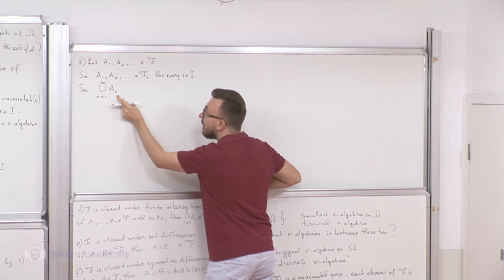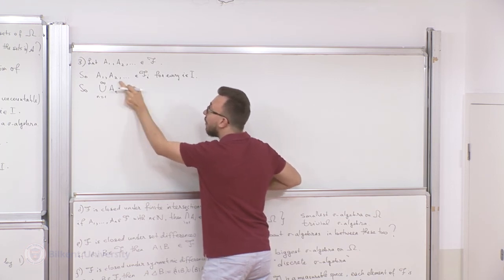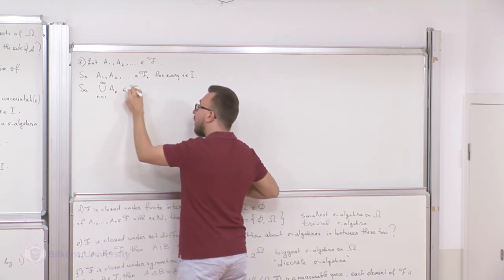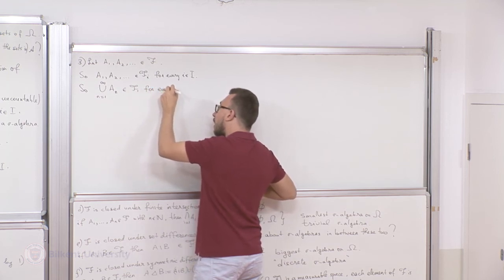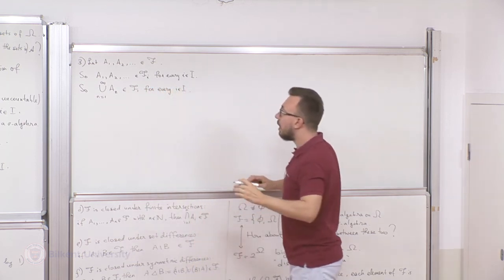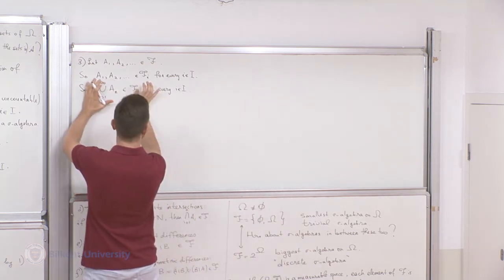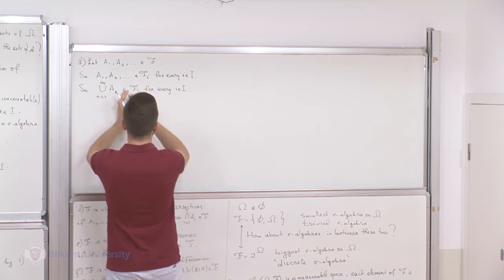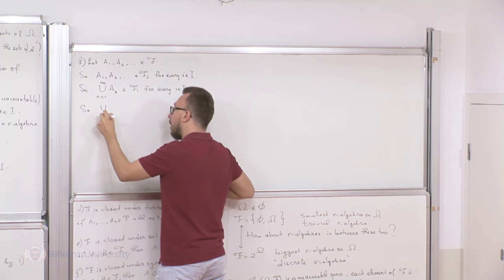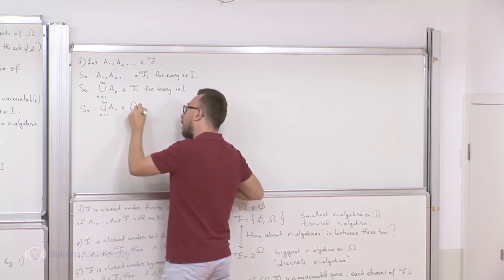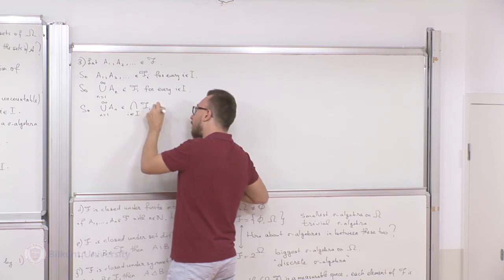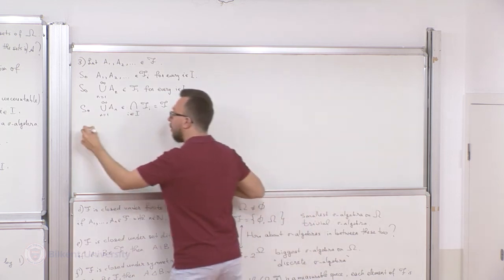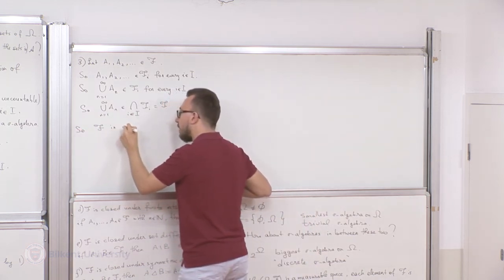Let's not use i here because i is for the F's, not for the A's. Okay, be careful here. Don't confuse the indexes. So the union is in Fi for every i. Well, now I have something that is in Fi for every i. This means this something is an element of the intersection of the Fi's, which is F. And that's it. So F is a sigma algebra.